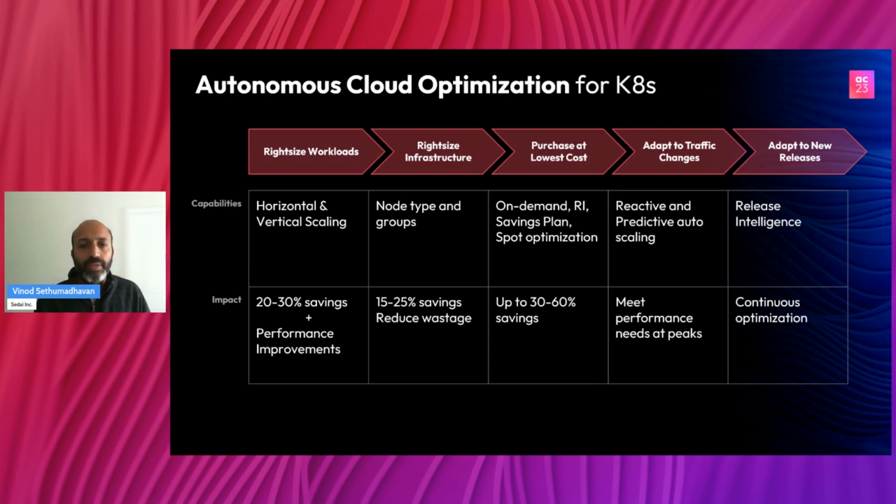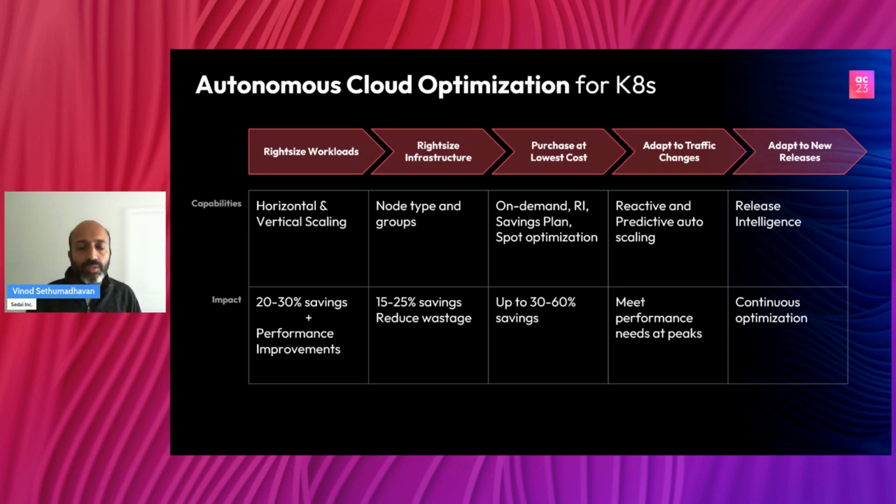We have a way of figuring out what percentage of your workload can go into spot based on the usage patterns, and that typically gives you around 30 to 60% savings. This is all from our experience.